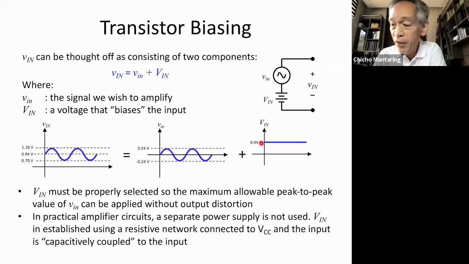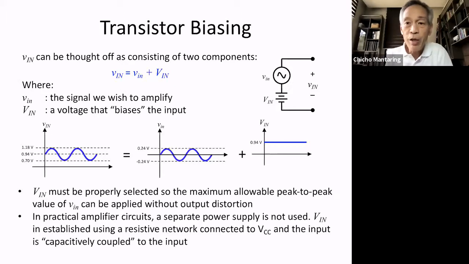If I add this to this, this is what I'm going to get. And this DC value is very important. This is what you call the bias of your input. If you do not set this value properly, you will not be able to optimize the operation of your amplifier.